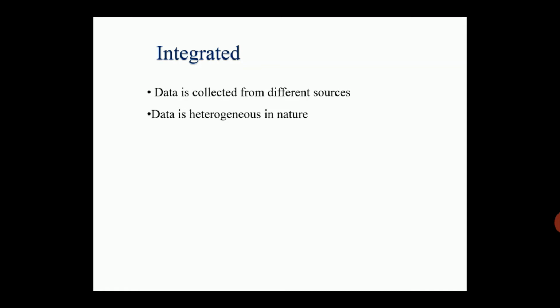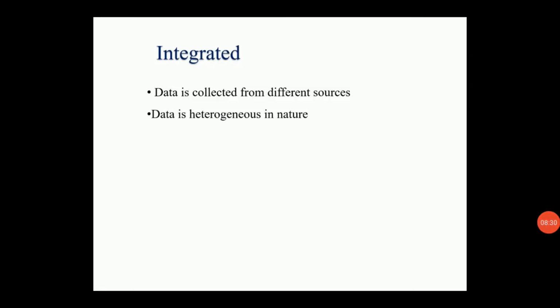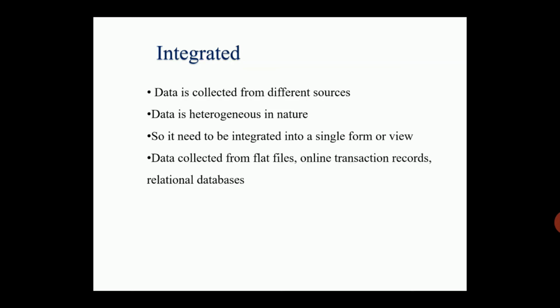So we call this data heterogeneous. It needs to be integrated into a single form or a single view so that querying operations are easily possible. The data is collected from different sources, and these different sources may be flat files, online transaction records, or relational databases.